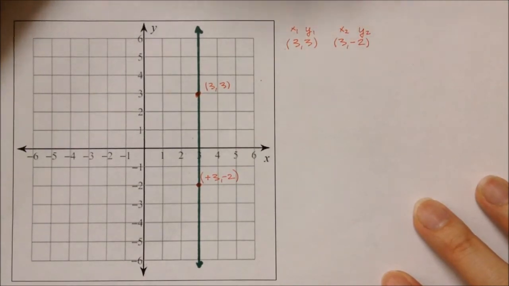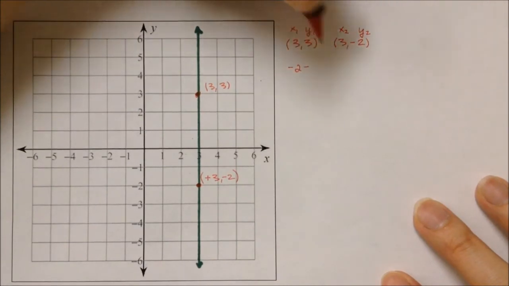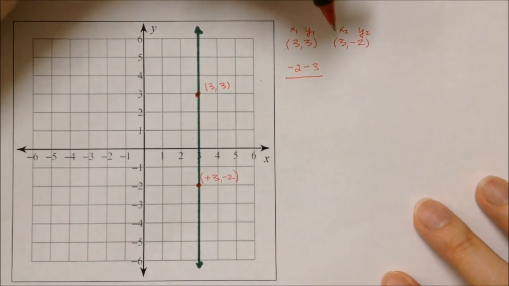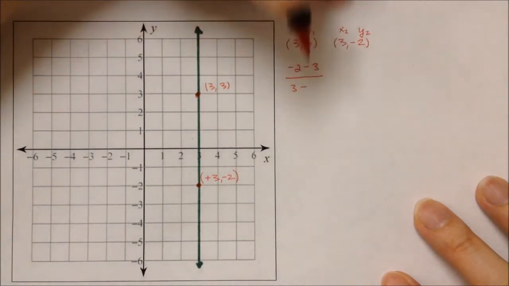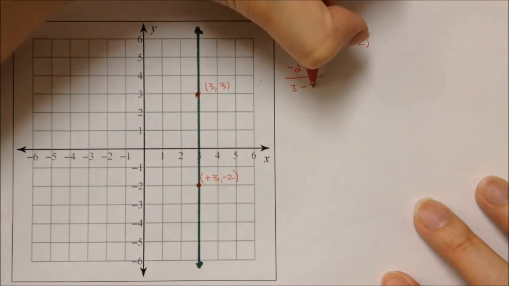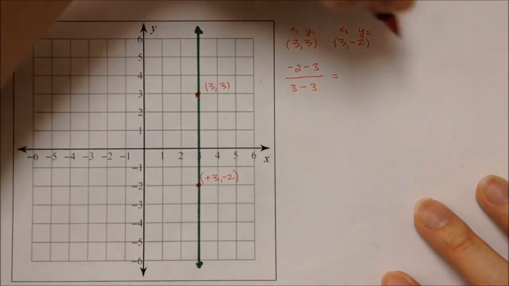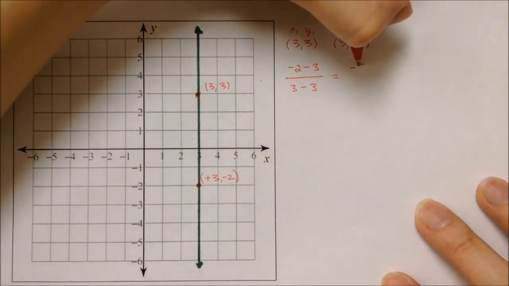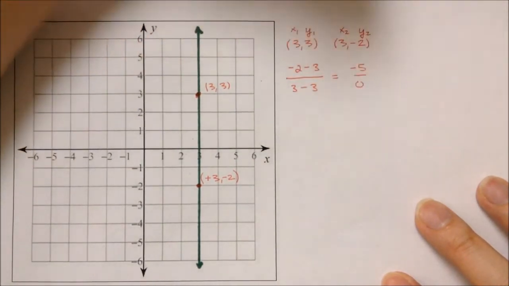I'm going to start off with y2, so negative 2 minus my y1, which is a positive 3. And then I'm going to start with x2, so 3 on the bottom, minus my x1, which is also 3. On the top is negative 2 minus 3, that's negative 5. And on the bottom, 3 minus 3, that's 0.